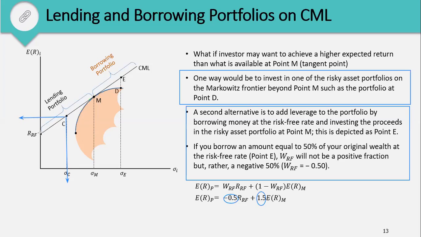Now when it comes to this portion of the CML, you always lend your money outside, but when you are going beyond the market portfolio, you cannot lend. Instead of lending, you will have to borrow from the outside. So when you are going beyond the market portfolio, you will be expecting more return than the market portfolio.